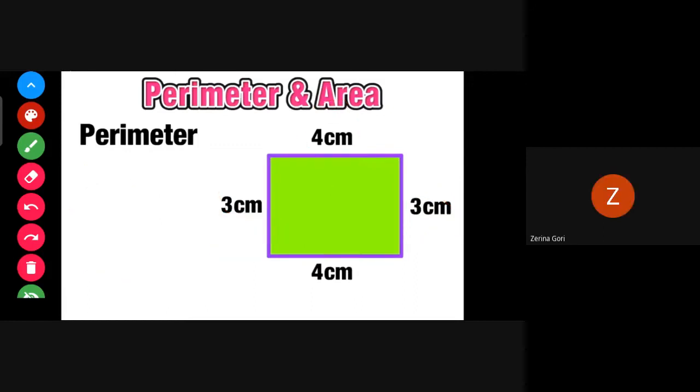Be clear in your mind what we call rectangle and what we call square. Square means all four sides are the same. In rectangle, opposite sides, up and down are same and right and left are same. Is this clear about square and rectangle? Yes, ma'am.